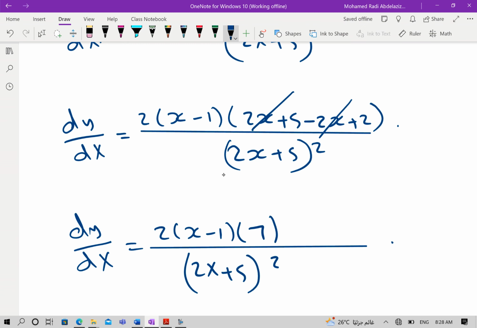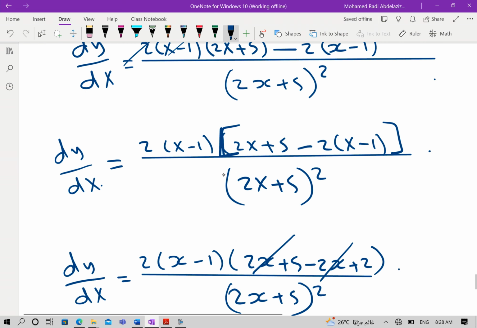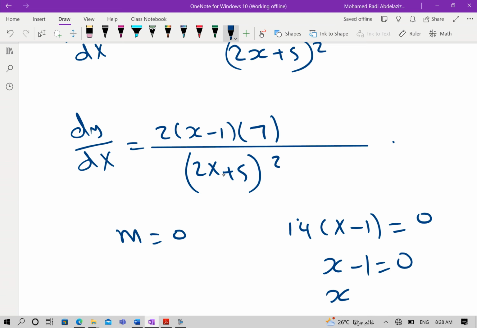Now it's given the tangent is parallel to the x-axis, means the gradient is 0, means only the numerator will be 0. The numerator, 2 times 7, you can write as 14, multiplied by (x minus 1) is equal to 0. Divided by 14, x minus 1 is 0, so x equals what? x is equal to 1.